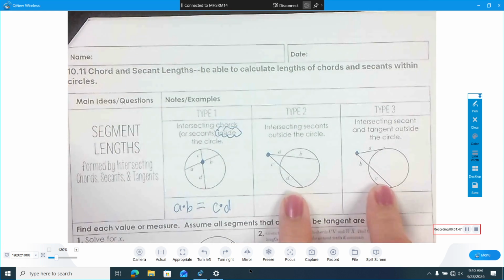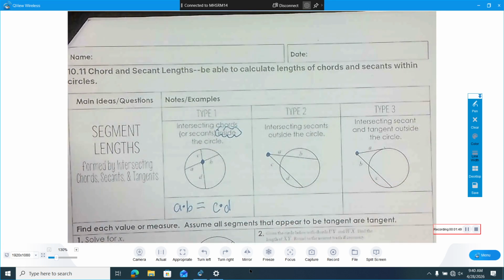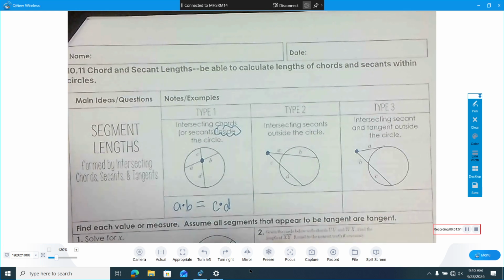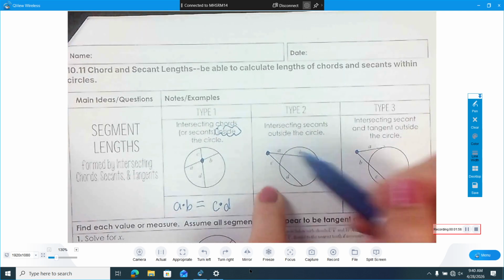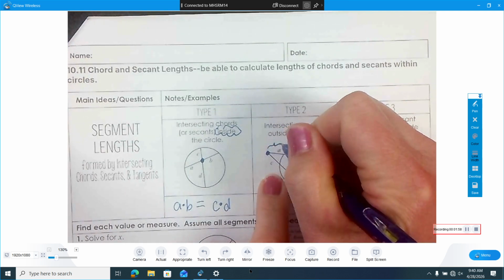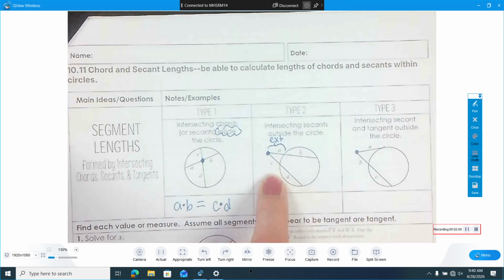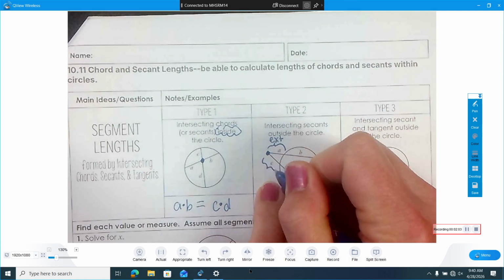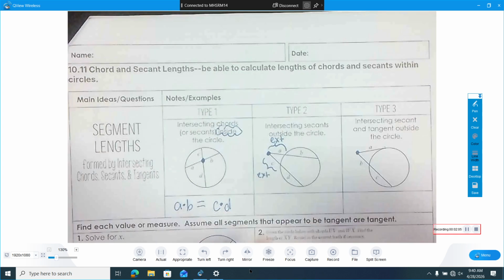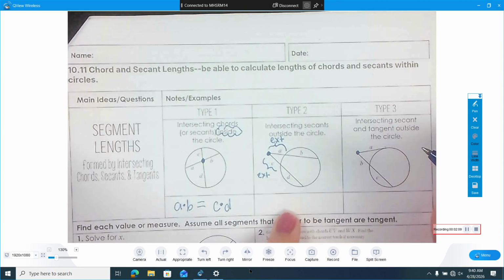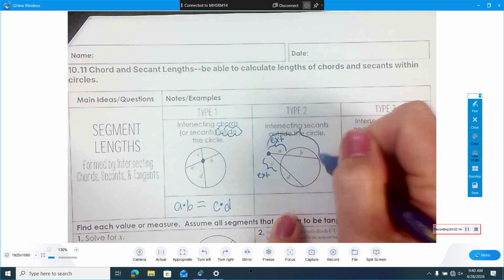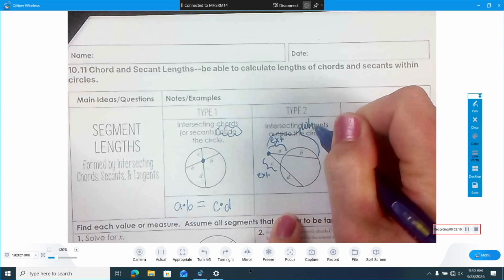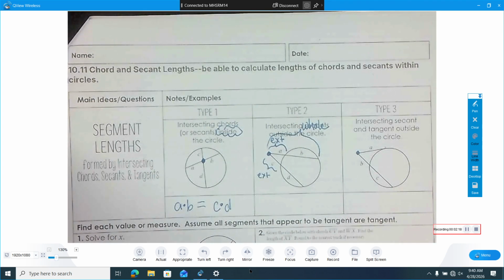The other type 2 and type 3 actually turn out to be pretty much the same. The way I think about it is, when we look at type 2, there is an exterior section, this little bit that's outside the circle, and then I can consider the whole entire secant line.